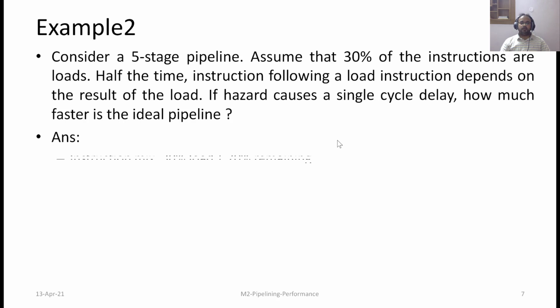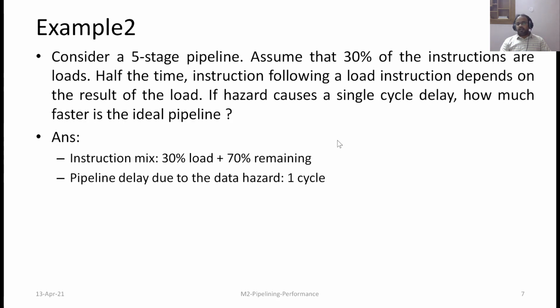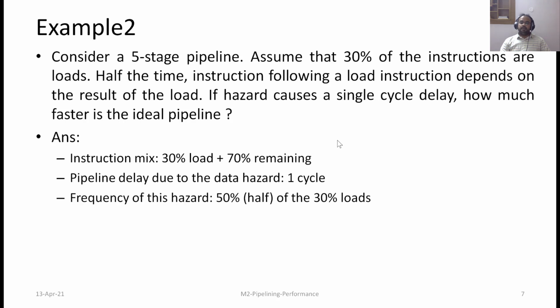So let's look at how the numbers would look. The instruction mix is 30% loads and the remaining 70% are something else, like ALU or control or even store instructions. The pipeline delay due to the data hazard, as given in the question, is 1 cycle. Now, how frequently would this hazard occur? Half of the time when the load instruction is there. So it would be 50% of the 30% loads that the application has.